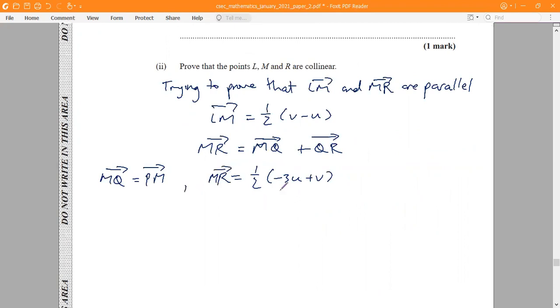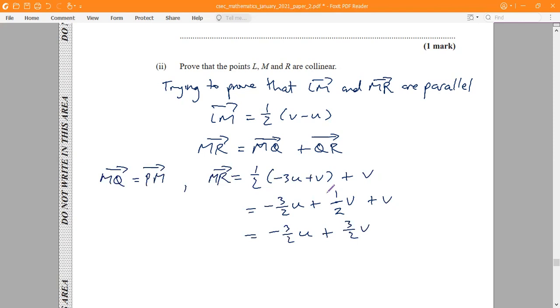So MR is equal to MQ plus V, since QR is equal to V. When we remove the brackets, we have negative 3 over 2 U plus 1/2 V, plus V. 1 plus 1/2 is 3 over 2 V.